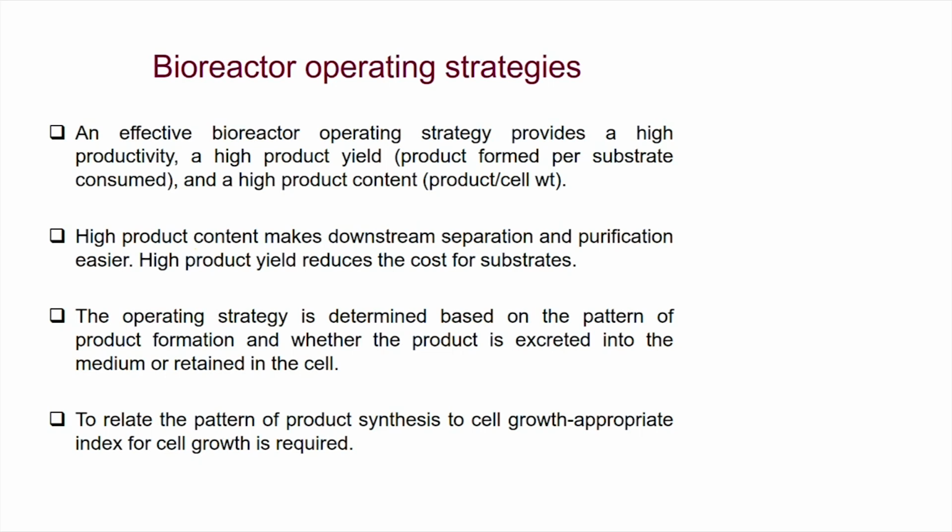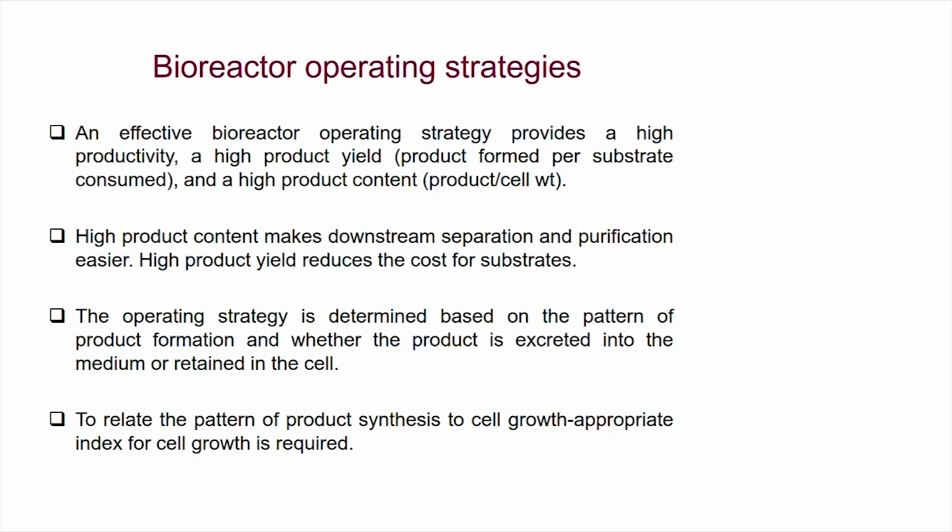In that, I will have to design which nutrient to feed, at what time to feed, and at what flow rate to feed. Suppose I optimize the nutrient composition and it came as 30 grams per liter carbon and nitrogen, and for a secondary metabolite I did statistical optimization and found that carbon is the most critical nutrient for biomass, but phosphate is the highest impacting nutrient for my secondary metabolite.